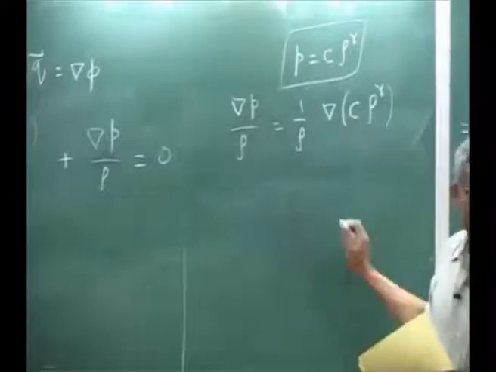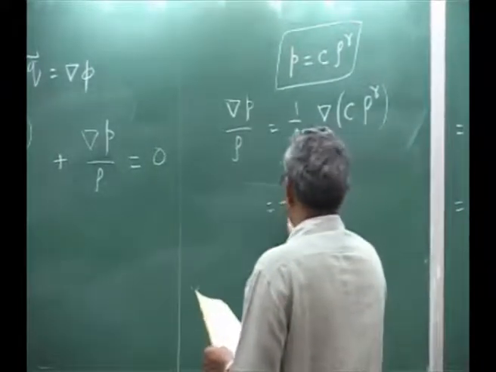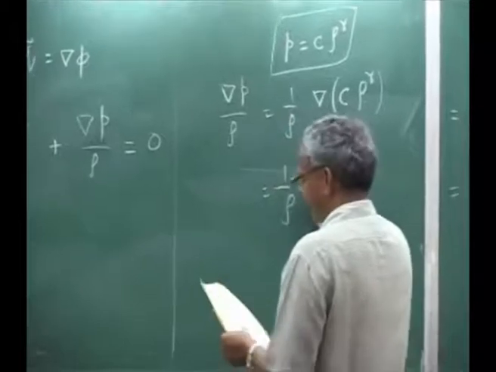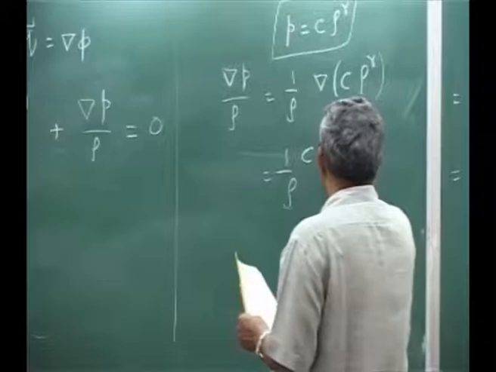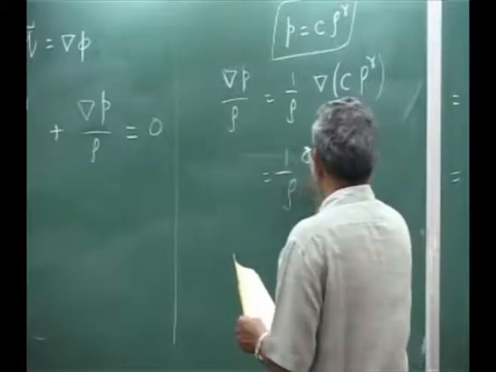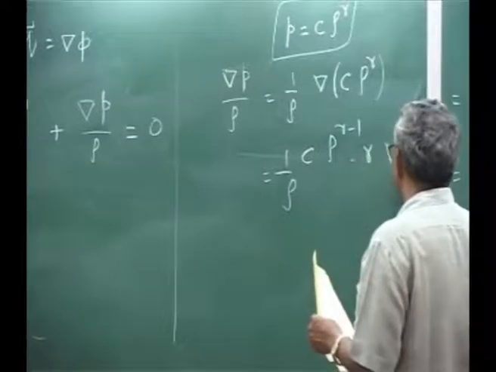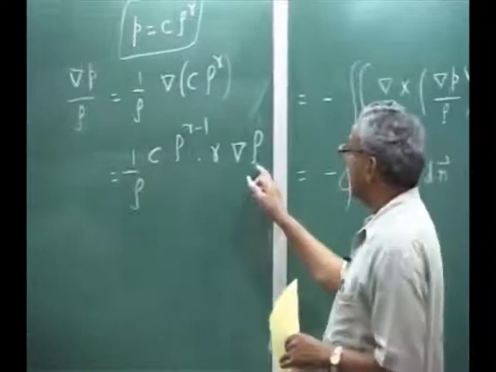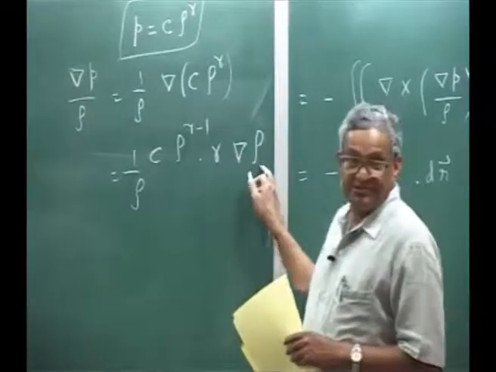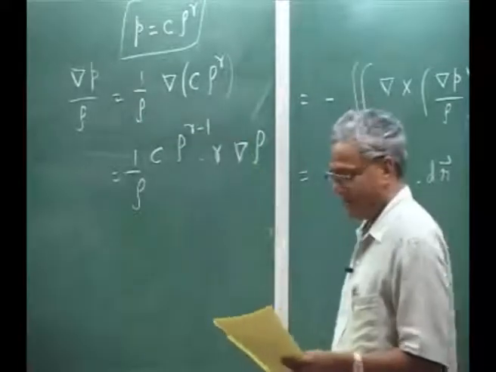This is the barotropic fluid, and this will become 1 by rho times C rho power gamma minus 1, into gamma, del rho, because I have substituted p in terms of the density.